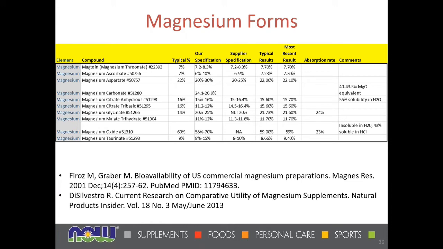People do call and write to me and ask, why should there be magnesium oxide in this supplement? Isn't it poorly absorbed? And the fact is, according to studies, it is bioavailable. It is bioavailable for most people.